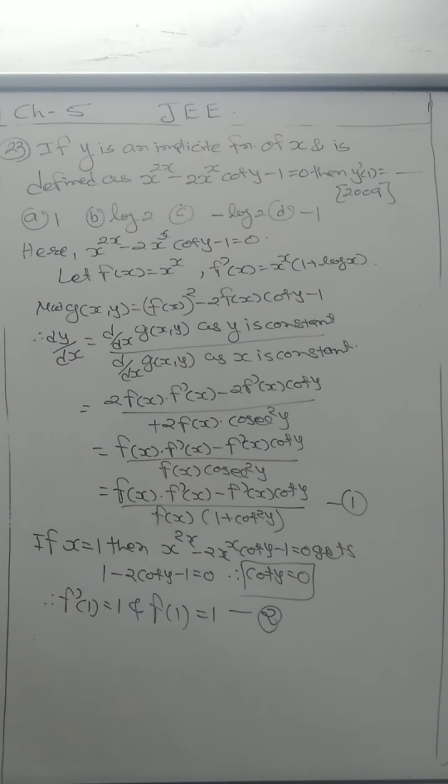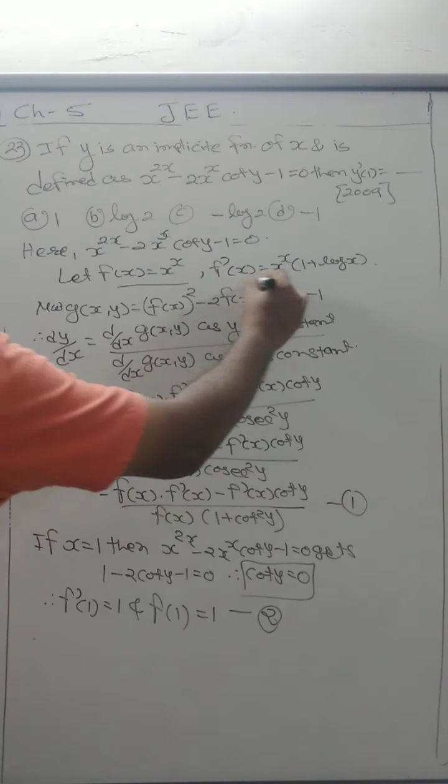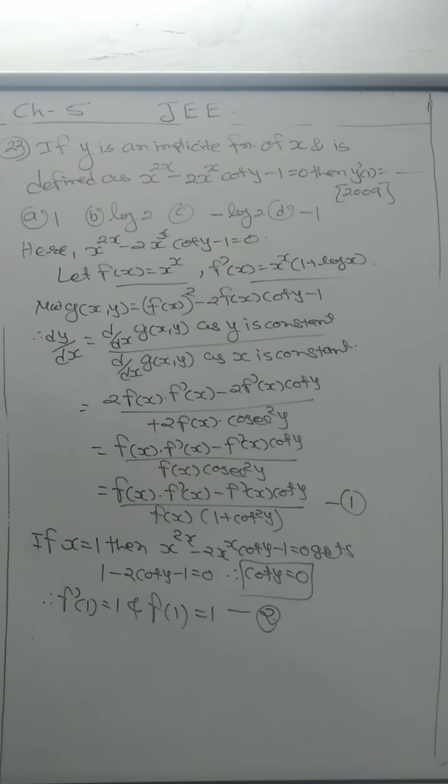Okay, so from these two results, now just put the results here, then you get your answer. f dash 1 equal to 1 and f1 is equal to 1. Now we obtain these two results. Now we just put this from 1.